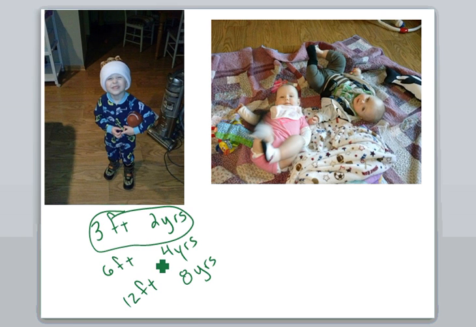Like twins, Alex and Bella. They were born at about 6 pounds, and Alex now weighs 20. So they were 0 years old and now at 6 months, Bella weighs about 18. So she's put on 12 pounds in half a year.